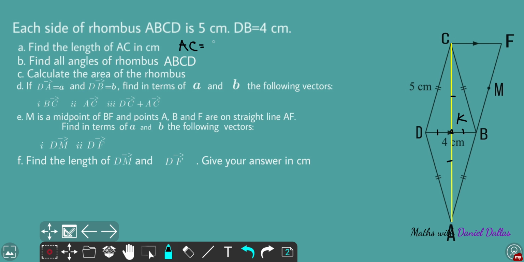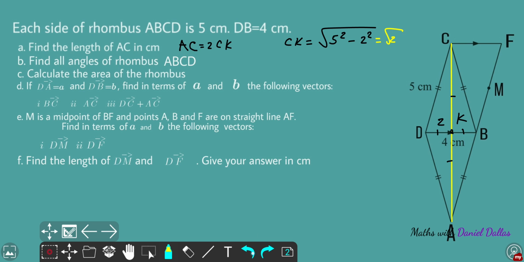So AC is going to be 2 times CK, and CK we can figure out from Pythagoras. CK is the square root of 5 squared minus 2 squared, since DK is 2. So we arrive at the value of CK being the square root of 25 minus 4, which is the square root of 21.